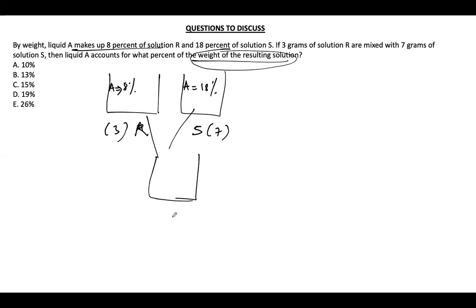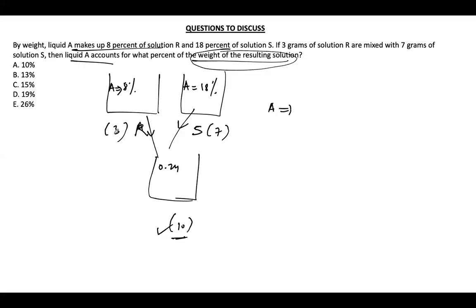So what is the weight of the resulting solution? 3 plus 7, 10. And liquid A counts 0.24 grams of A from here and 1.26 grams of A from here.